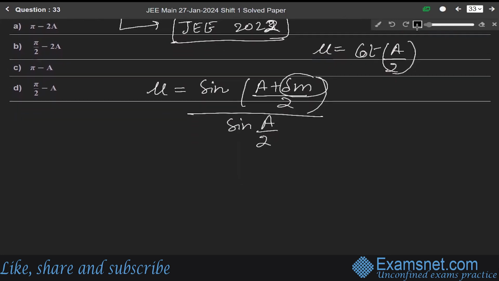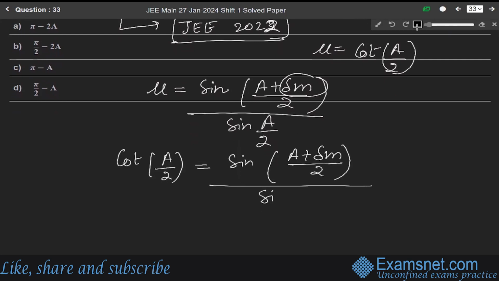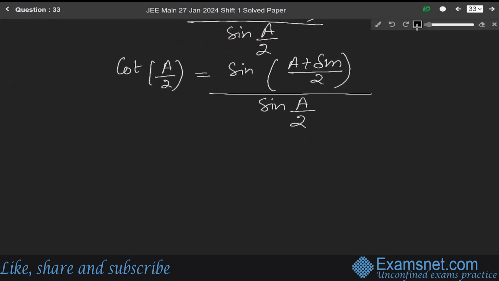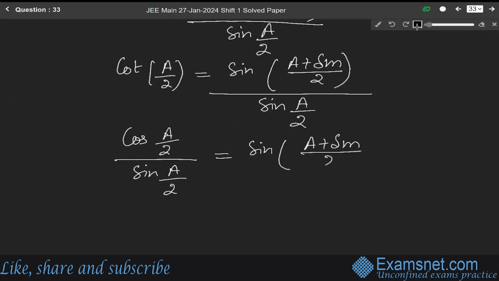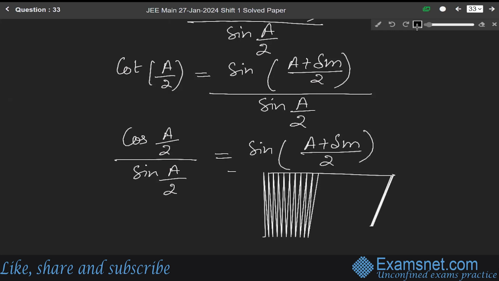So mu equals cot A by 2, which equals sine of A plus delta m by 2 over sine A by 2. Now cot is cos over sine. So cos A by 2 over sine A by 2 equals sine of A plus delta m by 2 over sine A by 2.